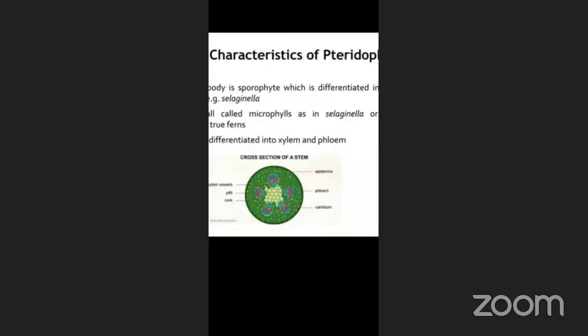First of all, they are called vascular cryptogams, and the plant body has feathery structures. That is why they are called pteridophytes. Pteridophyta means feather-like structures, and they are dominantly present from the Devonian to Permian period of the Paleozoic era.